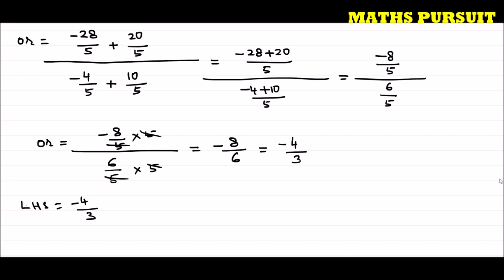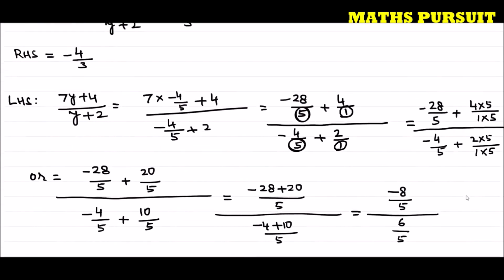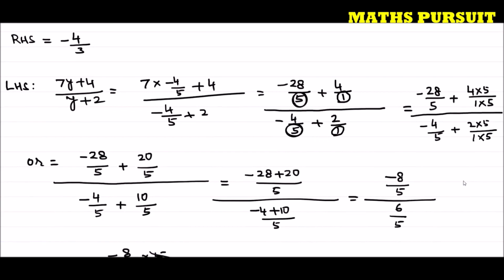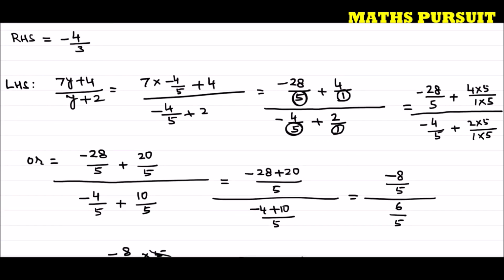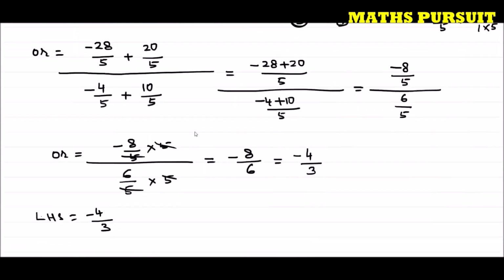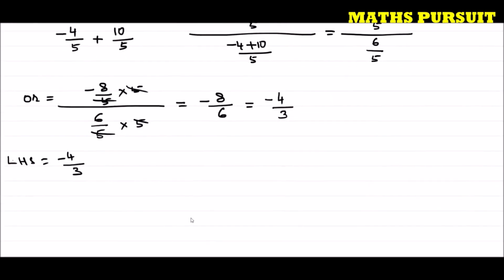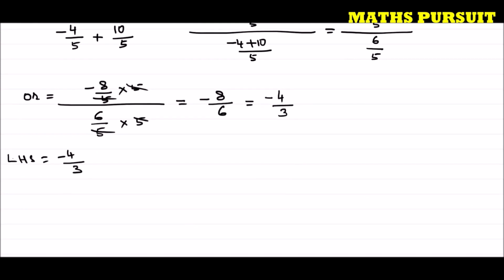Now let us check what we initially got for the right hand side of the equation. If you look here, we got the right hand side of the equation as minus 4 upon 3. And below we also calculated the left side of the equation as minus 4 upon 3.